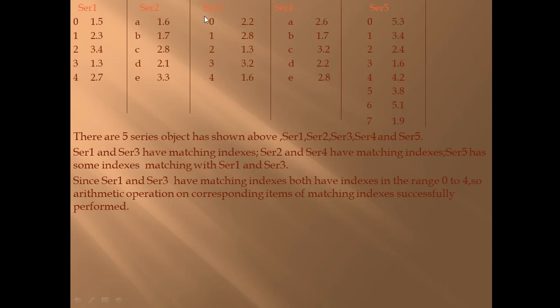Means 2 plus 2, 2.2 and 1.5, whether it will be added or subtracted, whatever we want to perform. Clear? So the respective index 1 of series 1 and series 3, again this value will be operated arithmetically. Similarly 3.4 and 1.3, then index 3, then index 4. Clear?